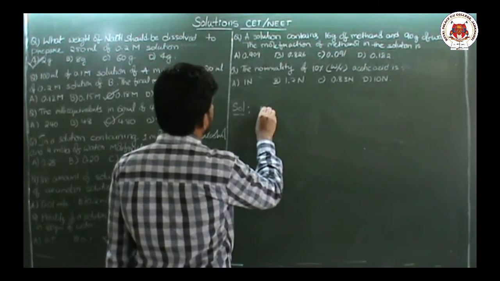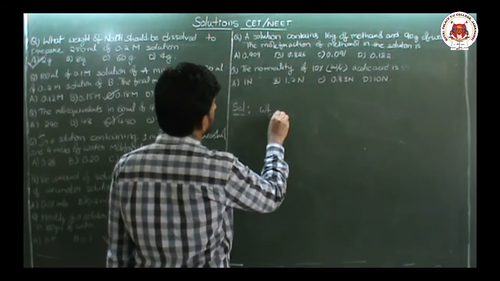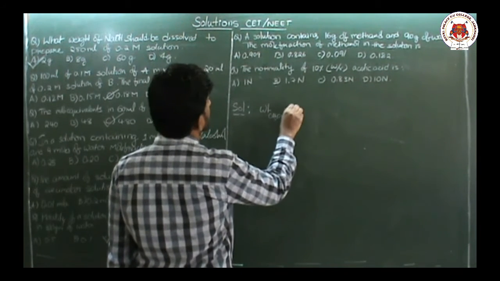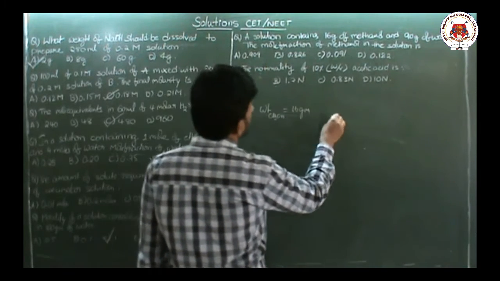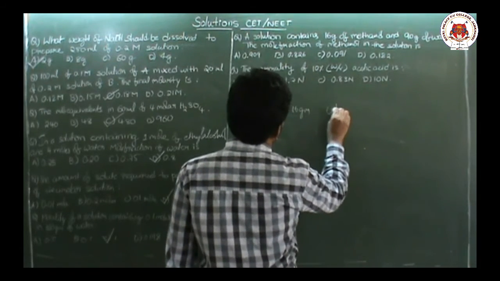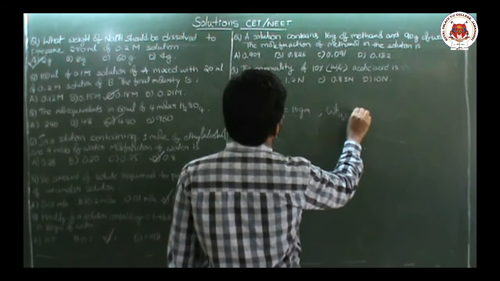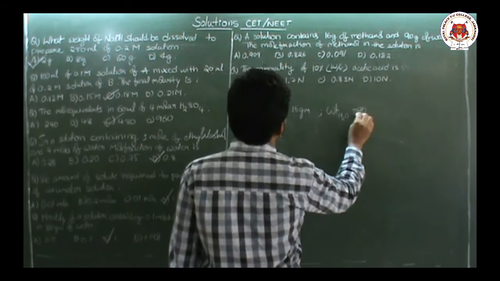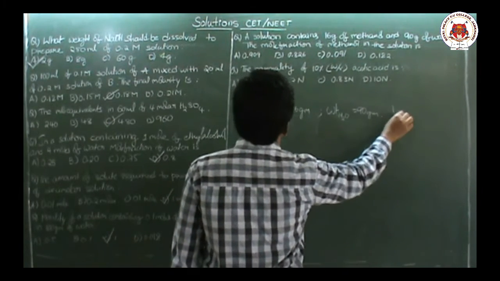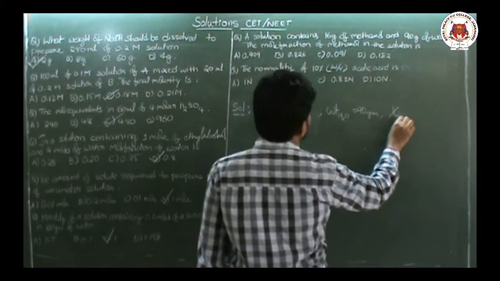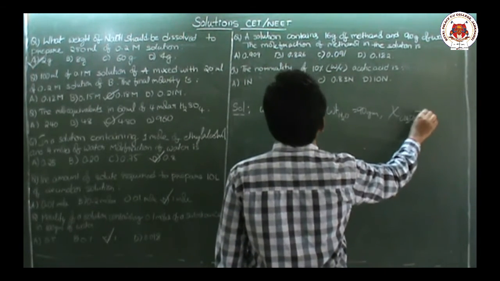They have given weight of methyl alcohol, 16 grams, and weight of water is 90 grams. Then mole fraction of methanol is what?